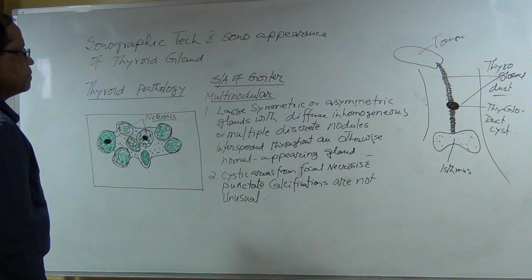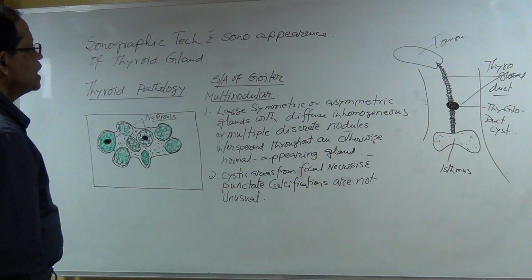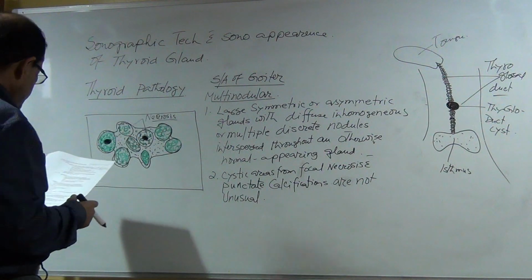Okay, so these are the sono appearance of the multinodular goiter.